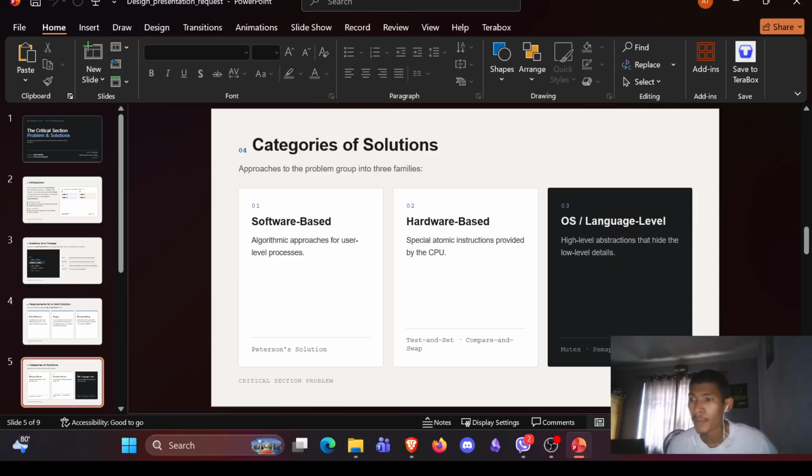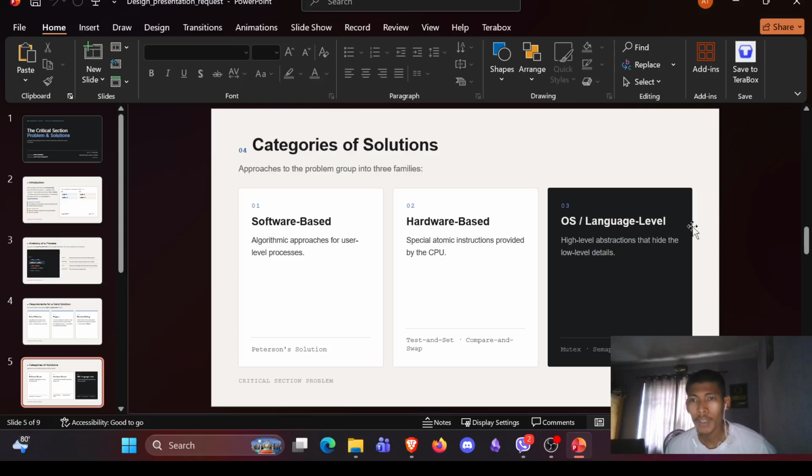Software-based solutions are algorithmic approaches in user level code, like Peterson's solution. Hardware-based solutions use atomic CPU instructions provided by the CPU, like test and set and compare and swap.